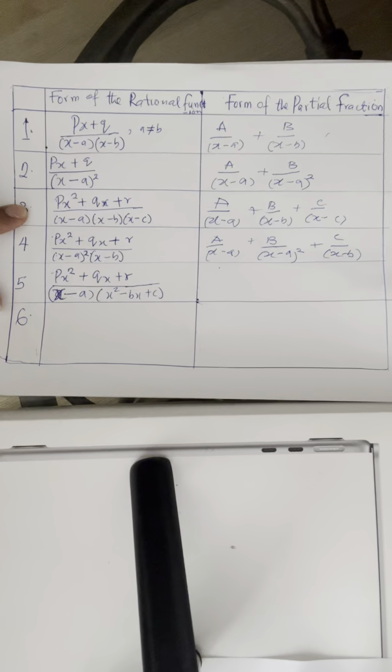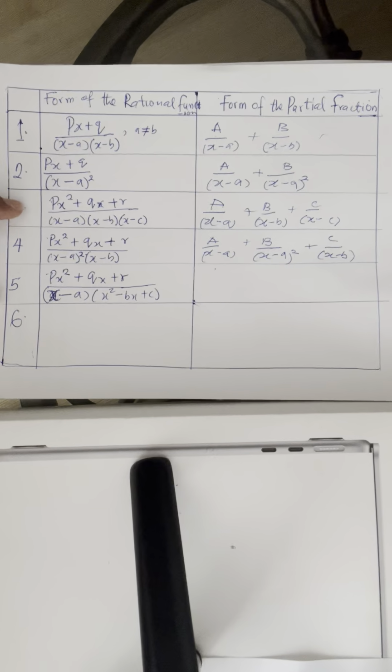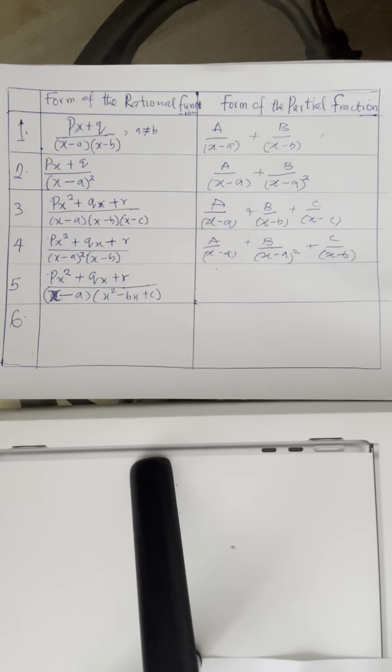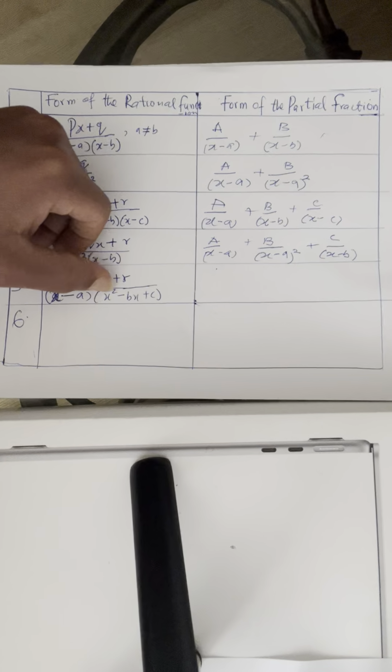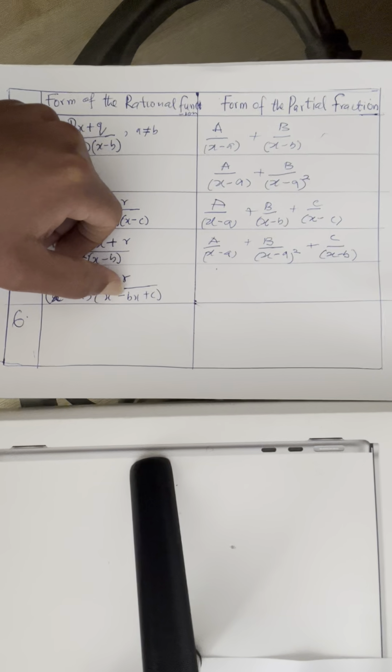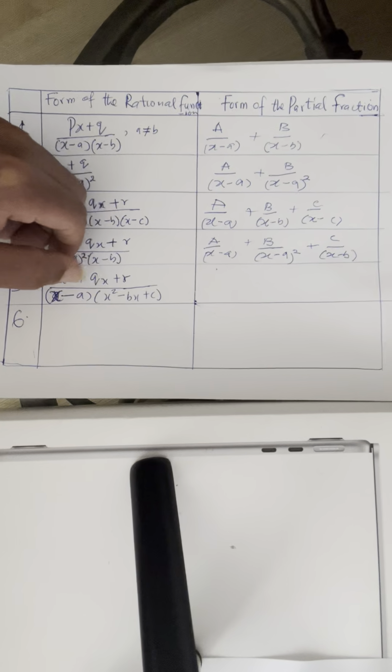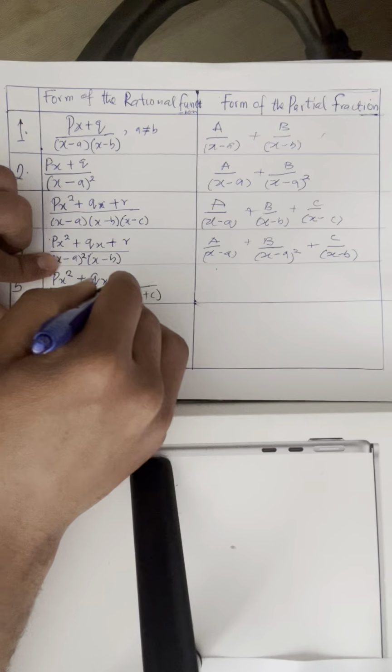Then the fifth, the next form would be if you have a denominator with one linear and 1 quadratic.